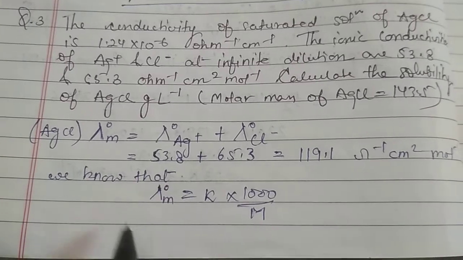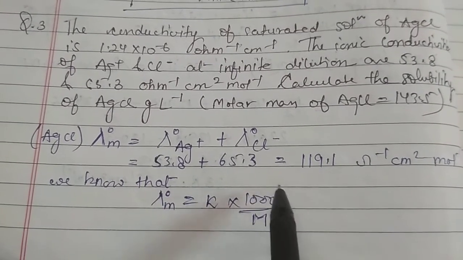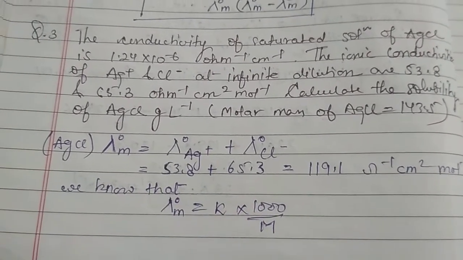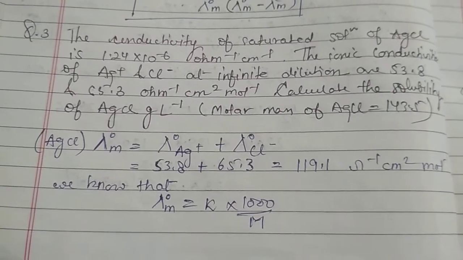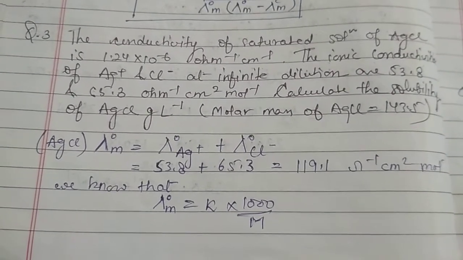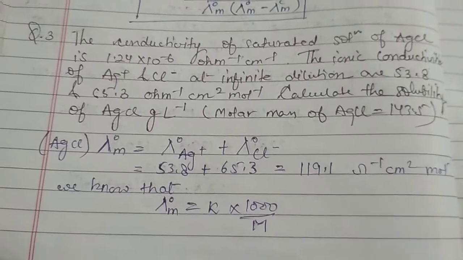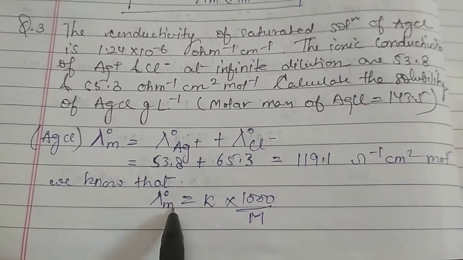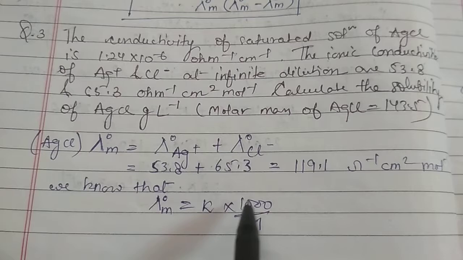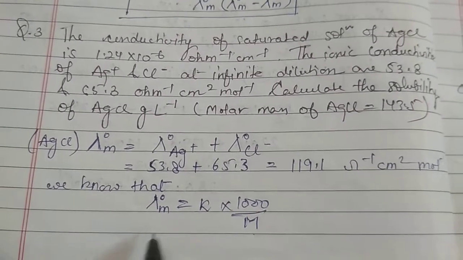Now we know that λm is equal to κ × 1000 upon M. That is the molar conductivity of any electrolyte. Now we have written λ°m is equal to κ × 1000 upon M. Why is it so?